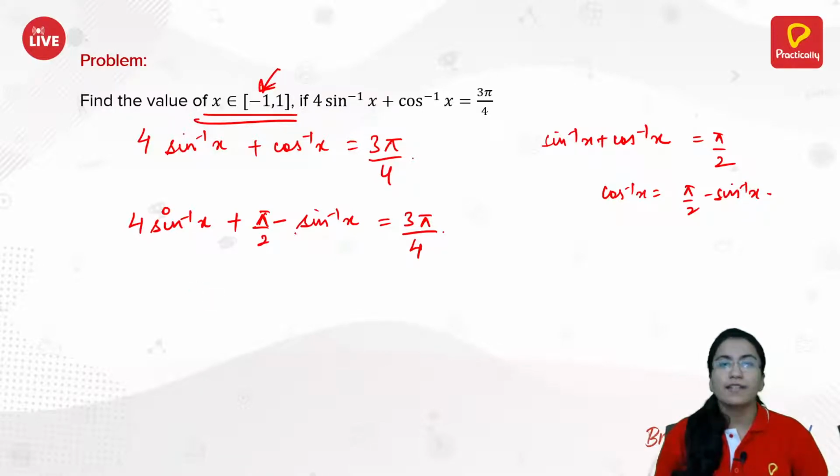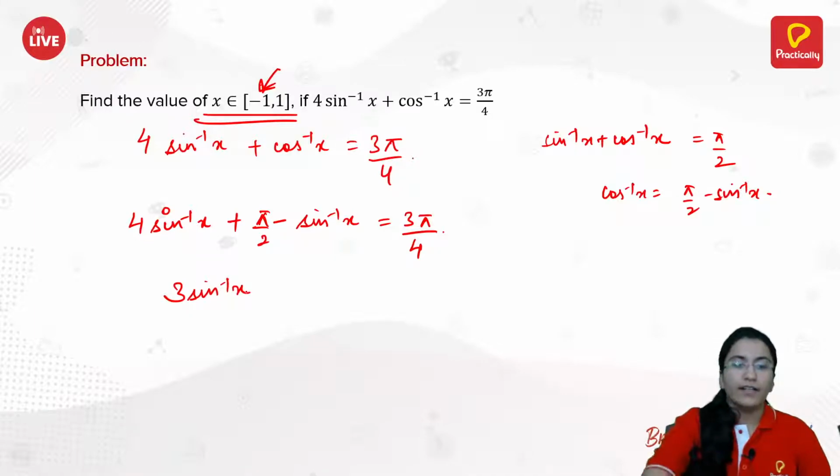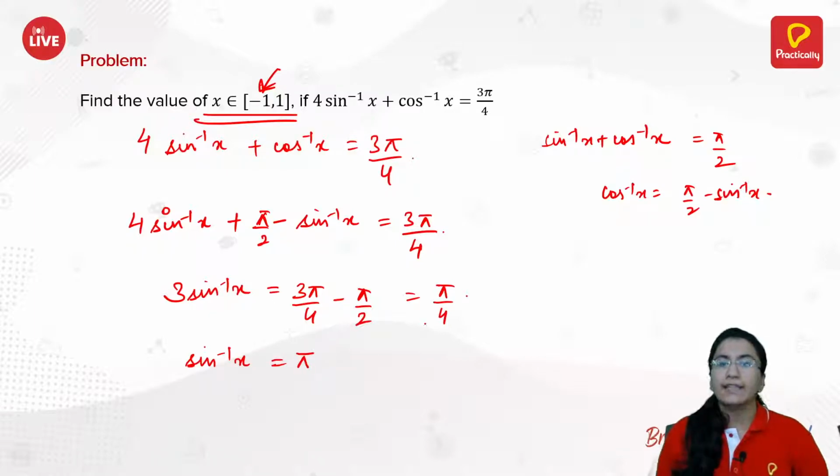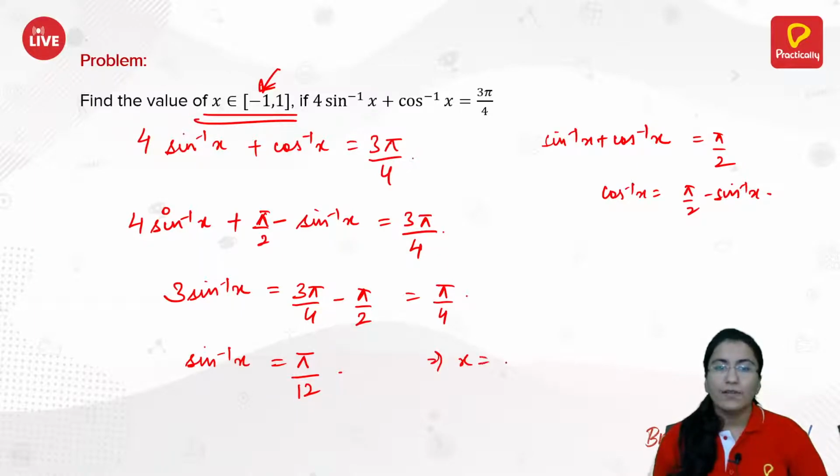For sine inverse x minus sine inverse x, you will have 3 sine inverse x, right? So you have 3 sine inverse x, which is the same as 3 pi by 4 minus pi by 2, which is pi by 4. That means sine inverse x is equal to, taking this 3 to the other side, pi by 12. So this implies x is equal to sine of pi by 12.